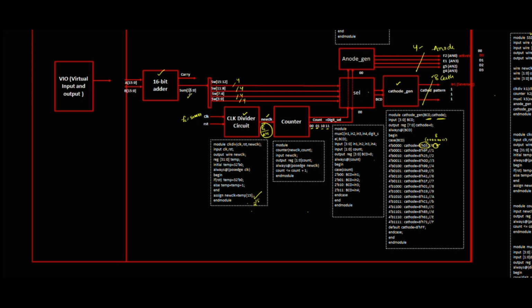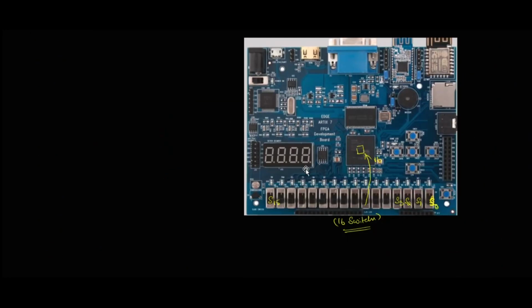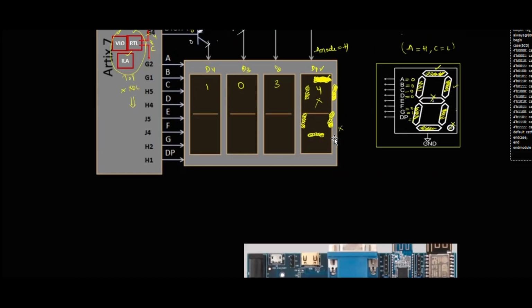Whatever the 16 bit sum we have, we can see it on the 7 segment display. The first 4 bits will be seen on this one, the second 4 bits on this one, and like that the 16 bit sum can be seen. That is what we have to check.